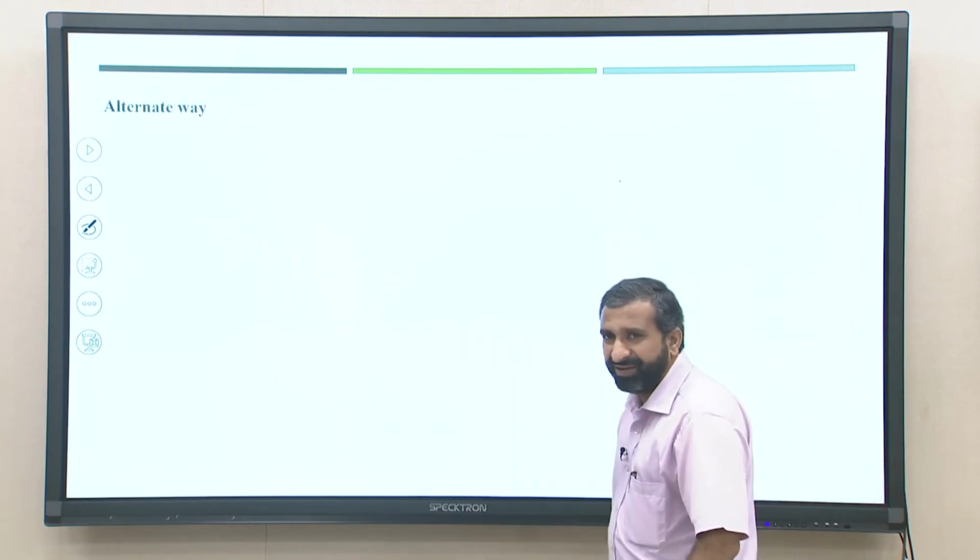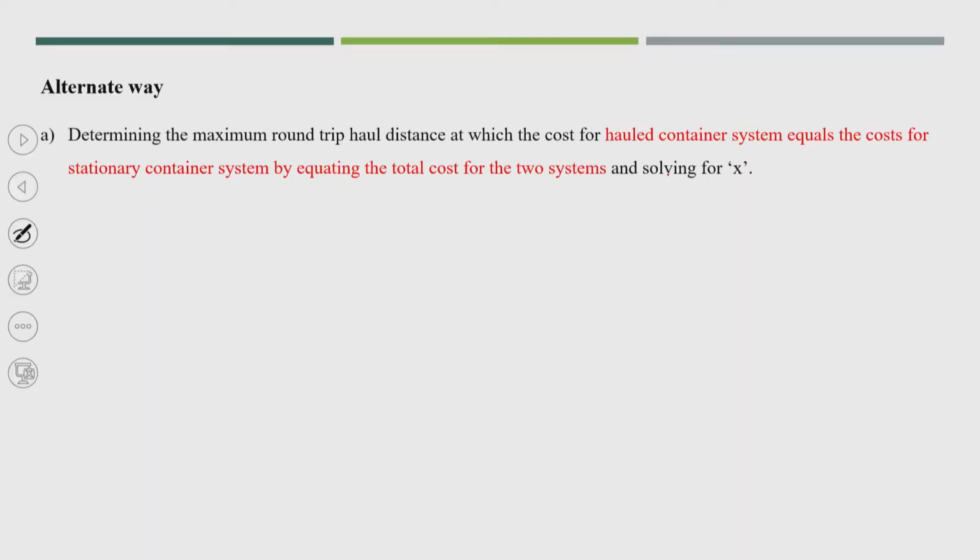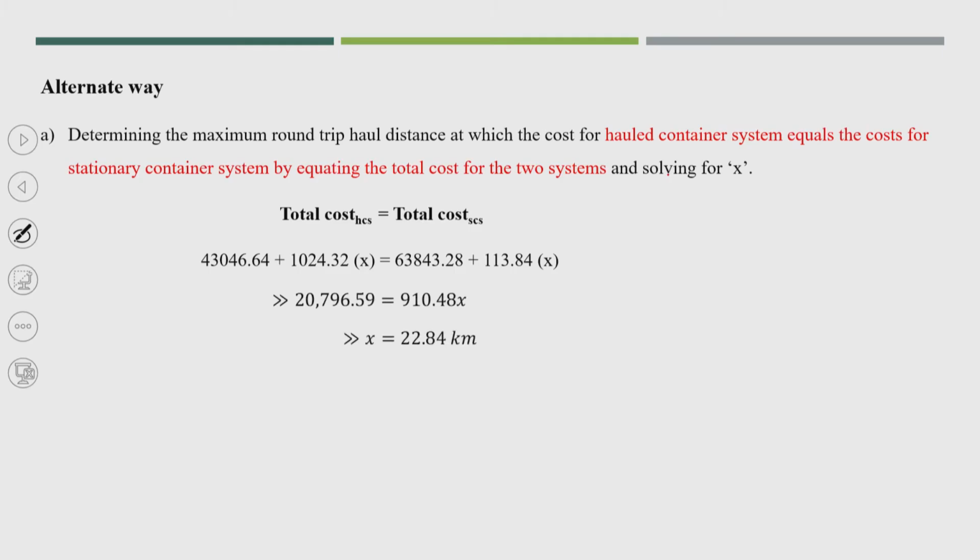But there is an alternate way: we can calculate the x value. If you put both values the same, like the total cost of hall container system is equal to the total cost of stationary container system, in that way we can come up with the x value.